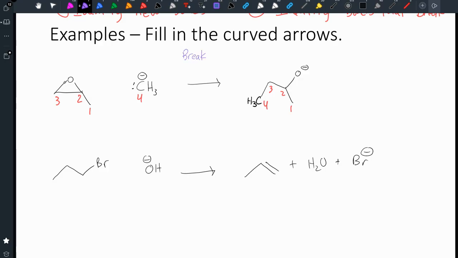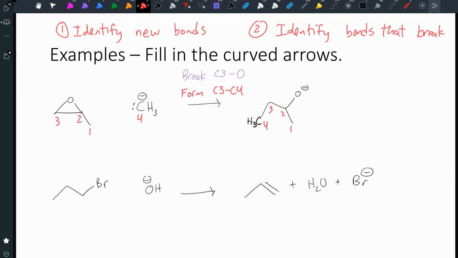Well, I have a bond from 3 to oxygen. That I need to break. What bonds form? Well, I have a bond from carbon 4 to carbon 3. All right. So I'm breaking one bond, I'm forming one new bond.